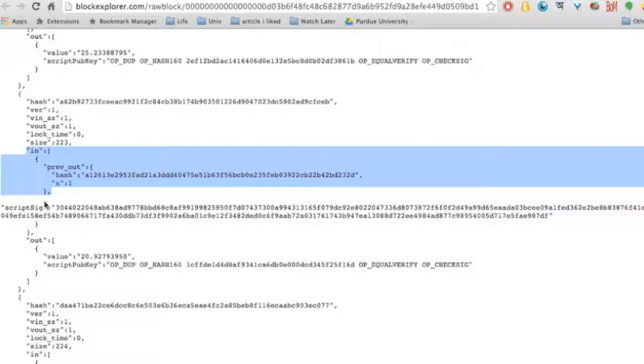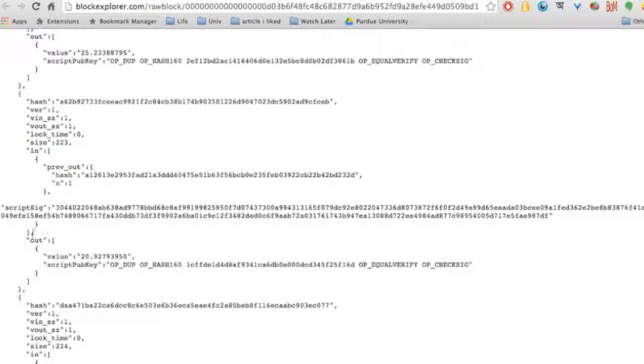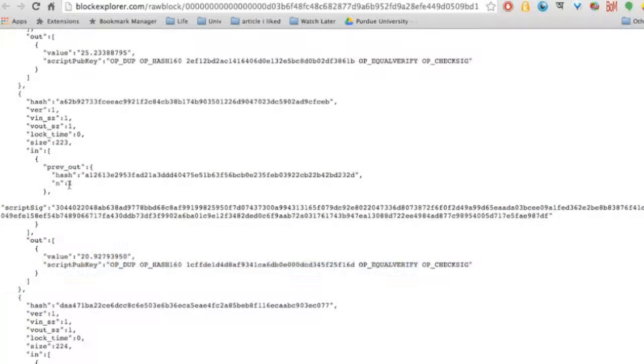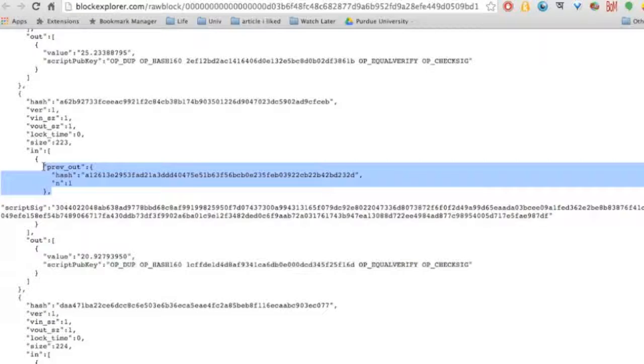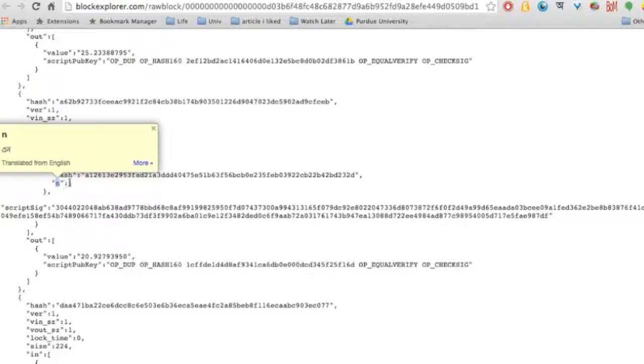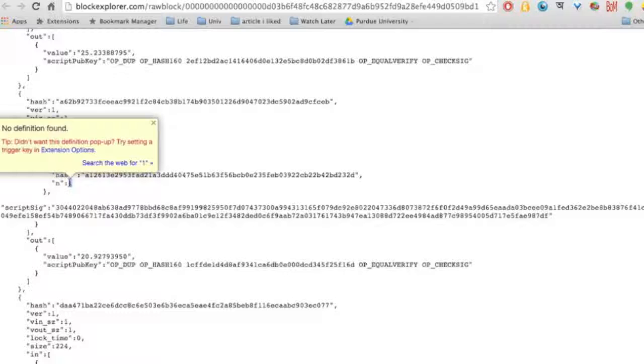One is the input, and another one is the output. In the input part, you'll have to give the hash ID of a previous output, and the position of the transaction.